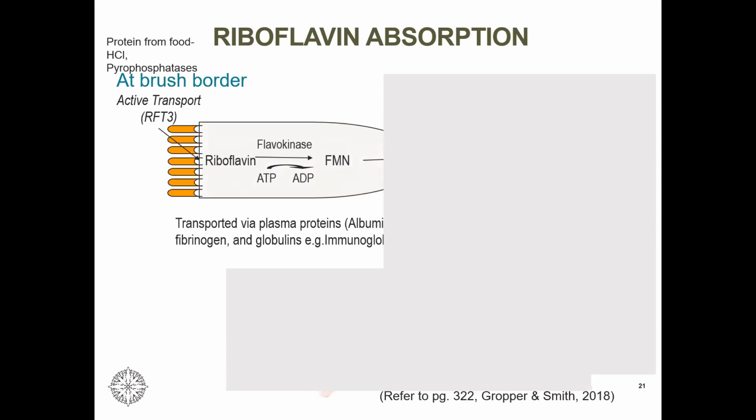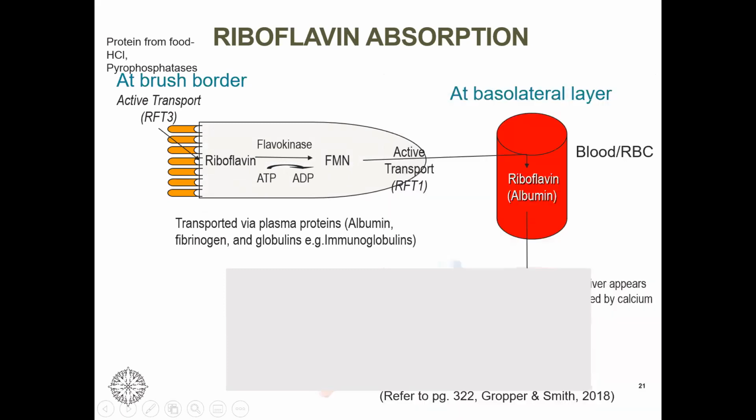But also remember, what does the body do later? The body converts it back to its coenzyme form, FMN. Okay, and the body expends some energy. And at the basolateral layer again, it has active transport. And when it enters the blood here, it can be transported with the help of albumin.